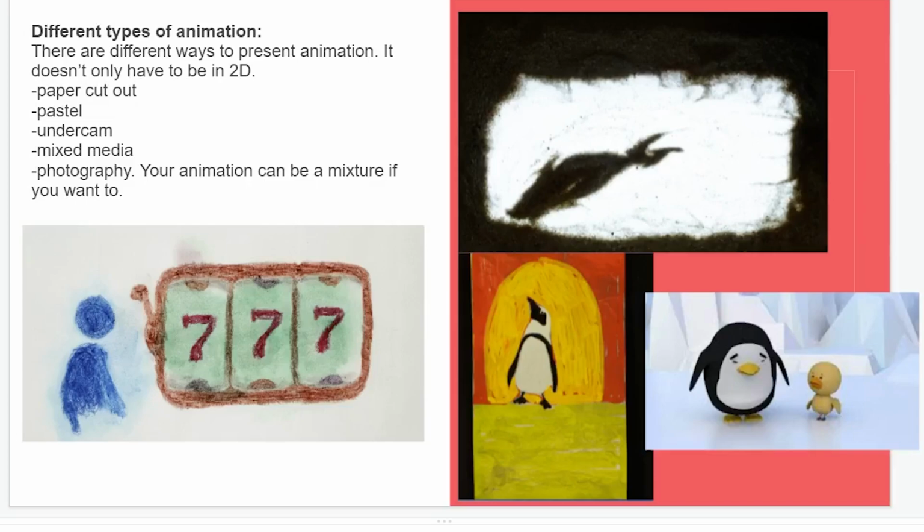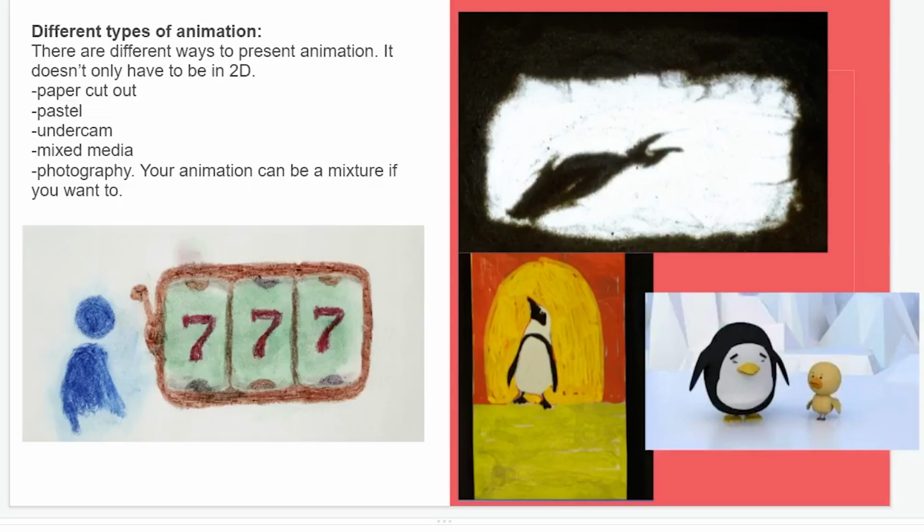So they told us, don't stick to 2D animation if you don't want to, or don't stick to digital animation if you don't want to. You can do material animation, which means you can use different materials like paper cutout, like sand.